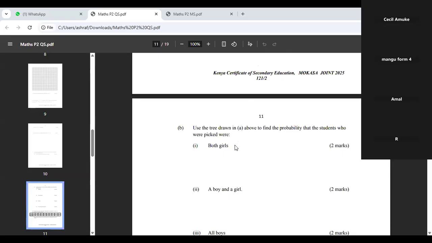So what is the probability that both of them are girls? Go to GG. What is the probability that both are girls?